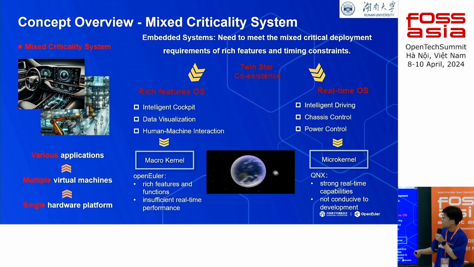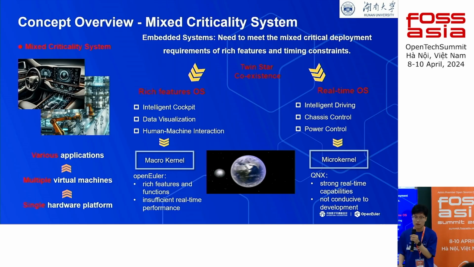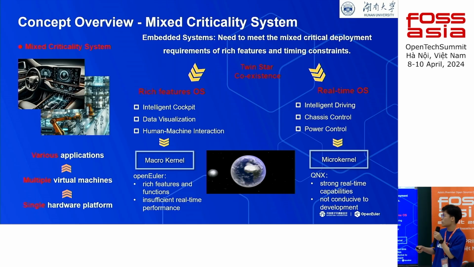So in such a mixed-criticality system, there is a single hardware platform with multiple OS, multiple VMs, and various applications for different functions. That is why we developed such an embedded hypervisor.